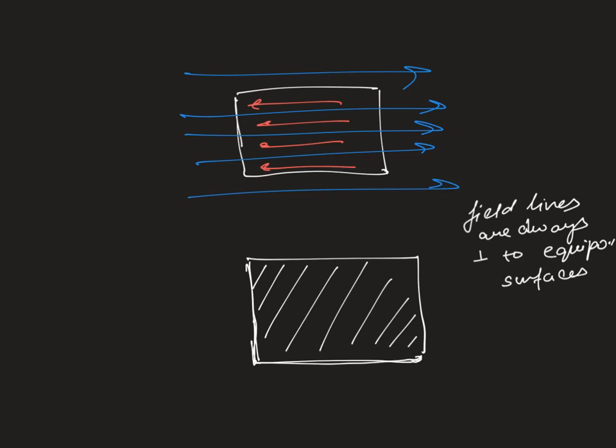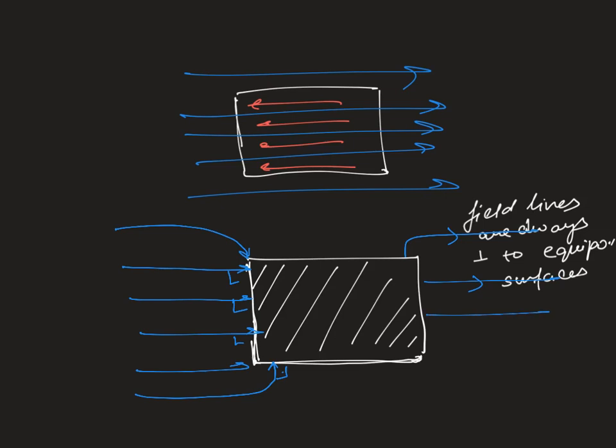So if you have field like this, and then there was an induced field, but what happens after everything is sorted out, after everything is clear and done? So we have fields like this that fall on the surface of the conductor exactly at angles of 90 degrees. You must see all angles are 90 degrees, even these angles are 90 degrees, and they come out of the surface of the conductor also at 90 degrees.